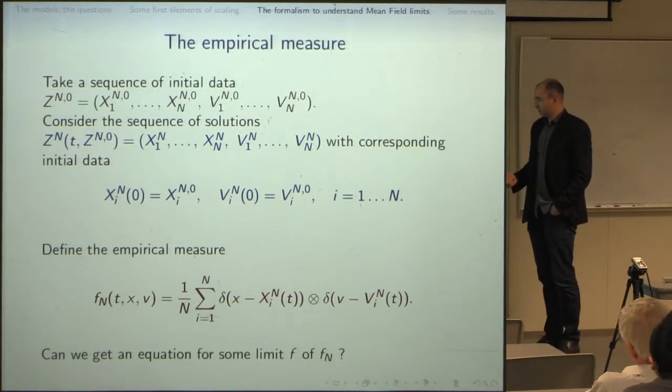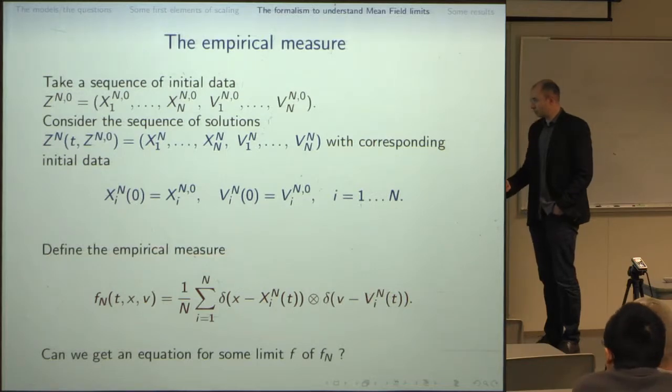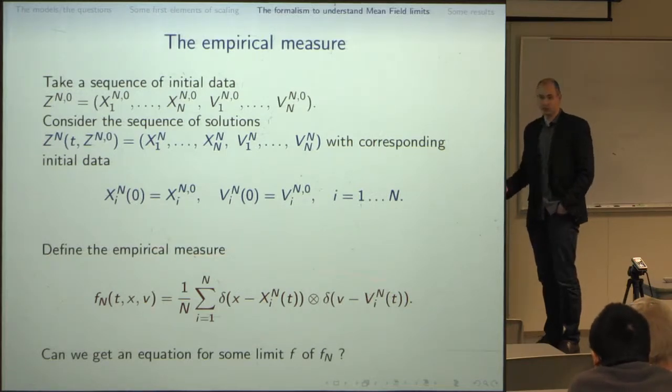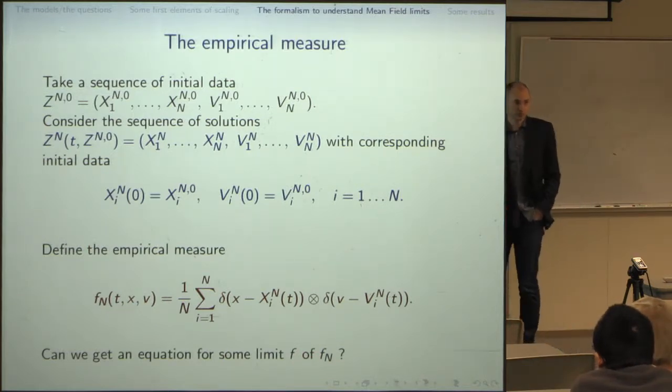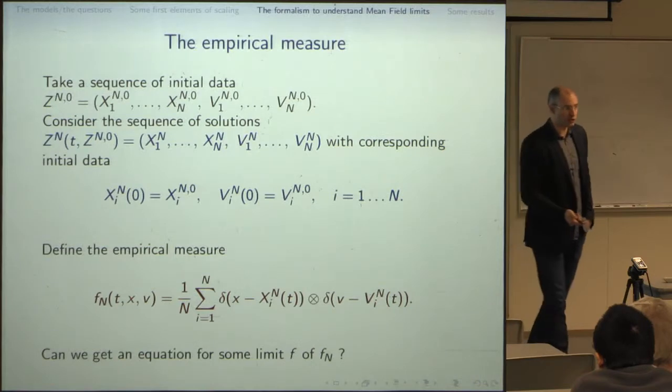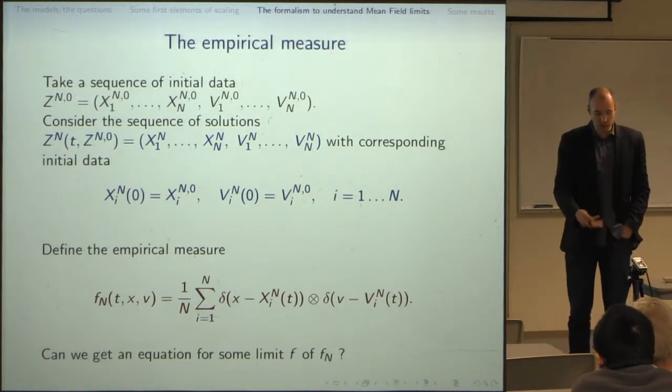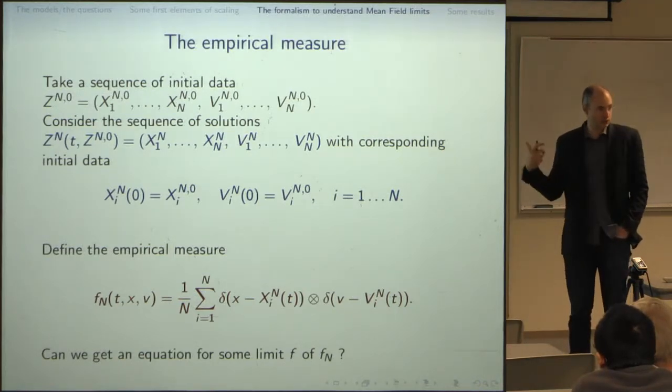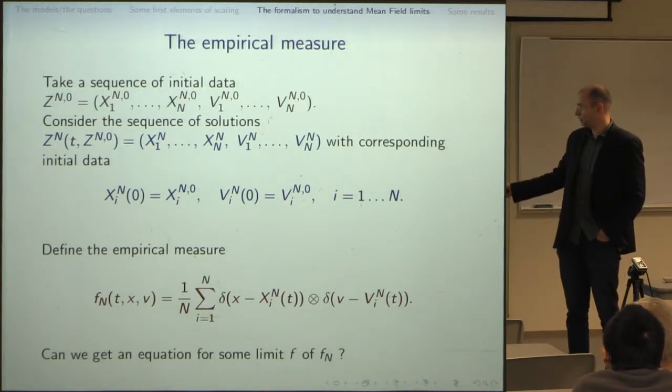Just a few comments. First of all, you might say that when we are defining this, we are losing information, so that there is more information here than there. Not true in general. As long as the particles are what we call indistinguishable, which is the case in my problem, then there's just as much information here as there.